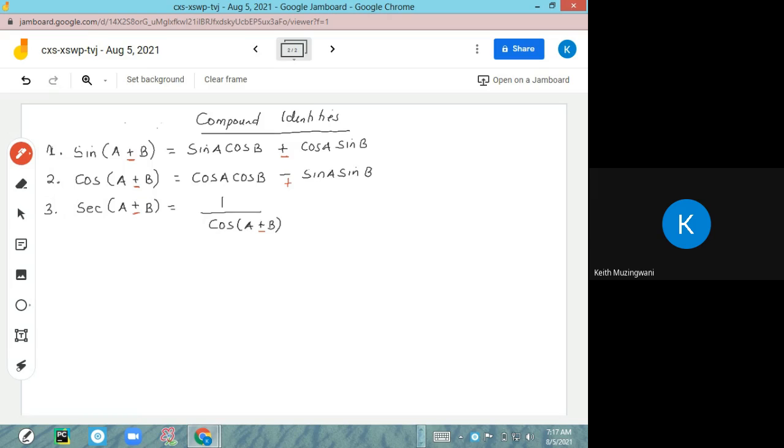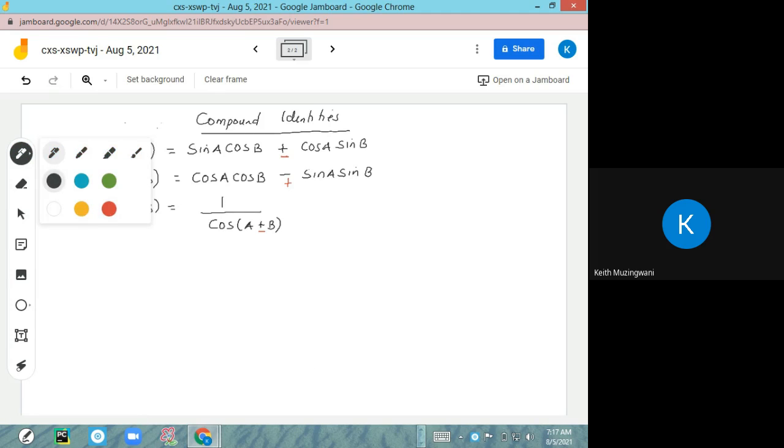There's no changing here because what is going to change the sign is cosine when you expand cosine. When you're dealing with sec A minus B, you just get 1 over cosine A minus B. Whatever sec is having is the same as 1 over cos.